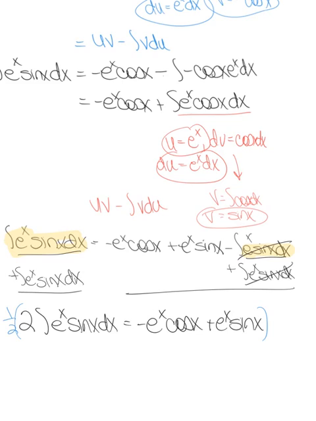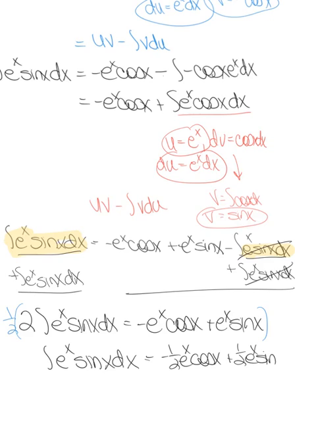And that'll make that 2 go away. And so we get that our final answer here is the integral of e to the x sine of x dx will be equal to a negative 1/2 e to the x cosine of x plus 1/2 e to the x sine of x, and then don't forget your plus c.